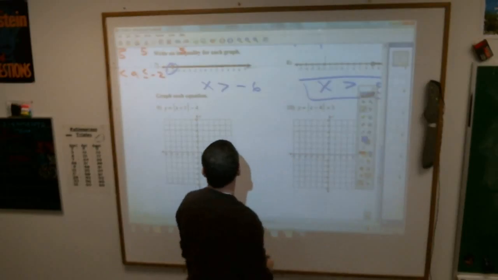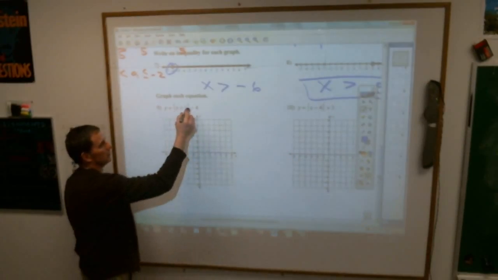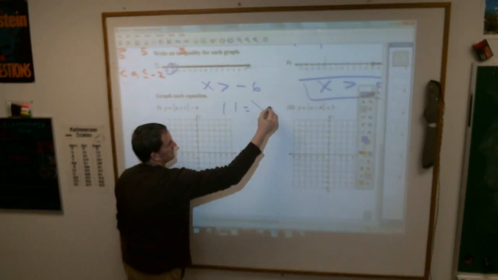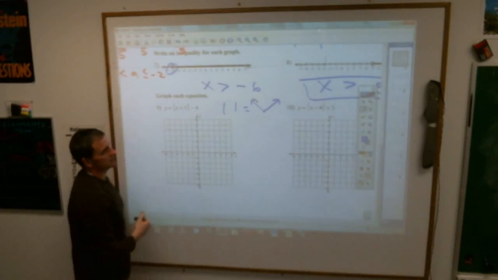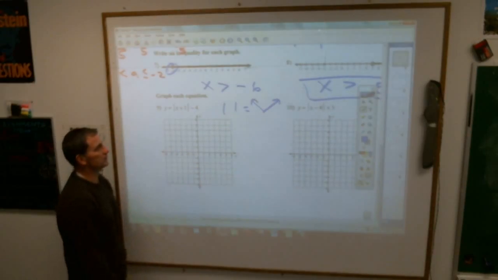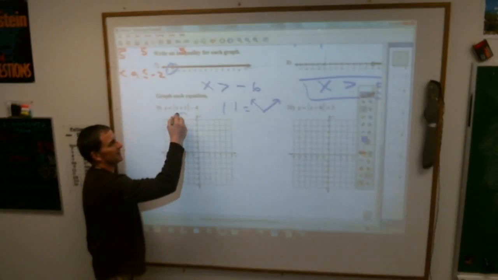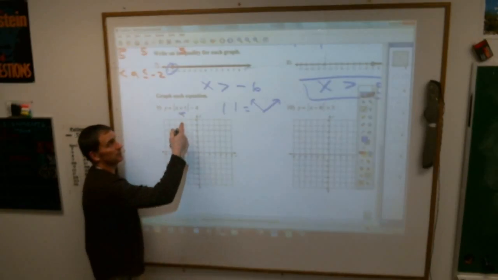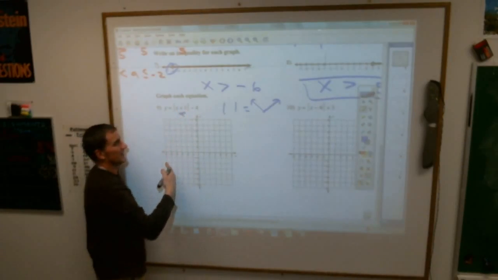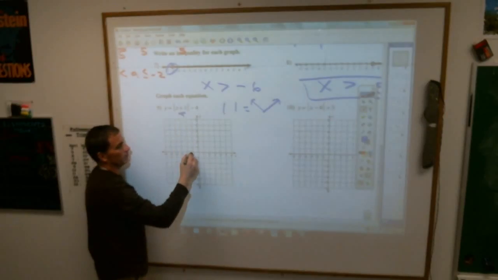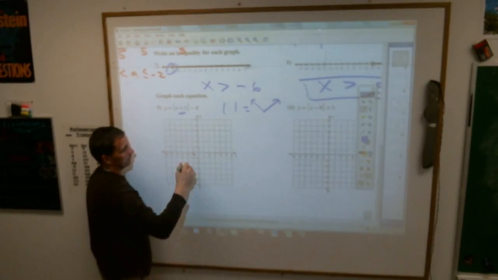And really, it's the same thing that holds true for this. You know absolute value is always this little V shape like this, unless it's negative, then it's upside down. The number inside that is the left or right number, but it's opposite, so it goes left 1 and down 4. 1, 2, 3, 4.